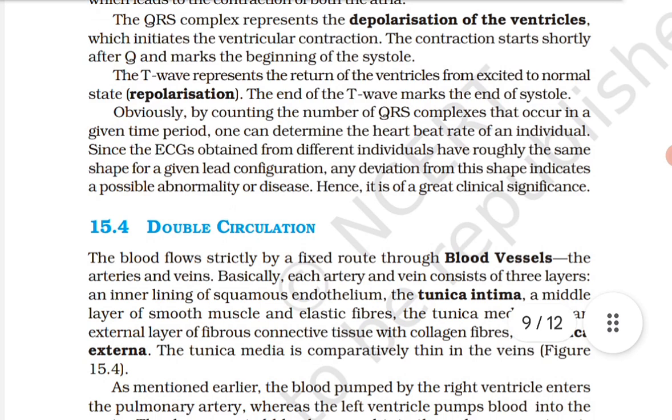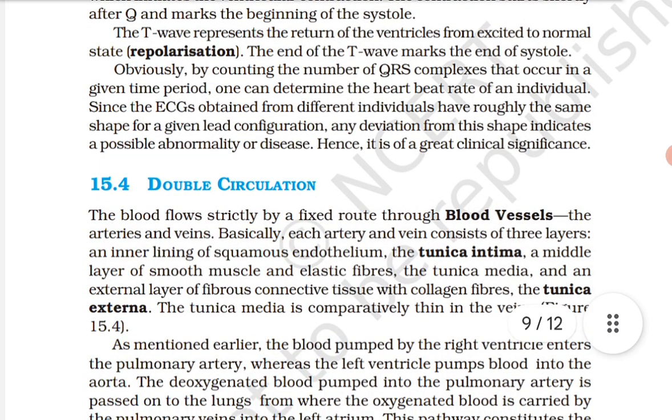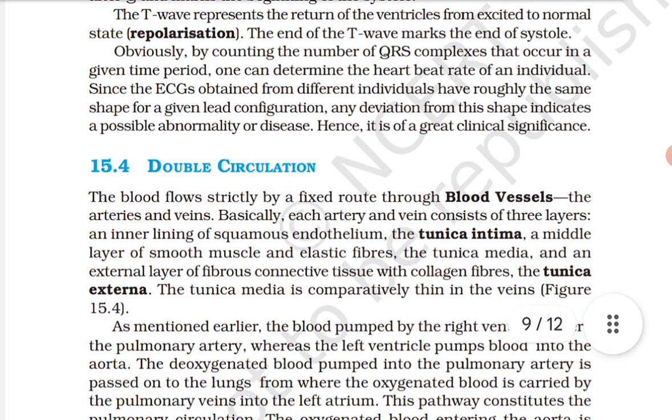Obviously, by counting the number of QRS complexes that occur in a given time period, one can determine the heartbeat rate of an individual. Since the ECG obtained from different individuals have roughly the same shape for a given lead configuration, any deviation from this shape indicates a possible abnormality or disease, and it is of great clinical significance.